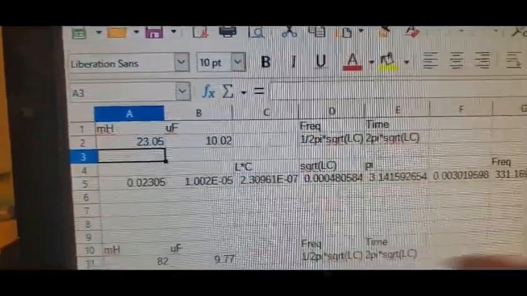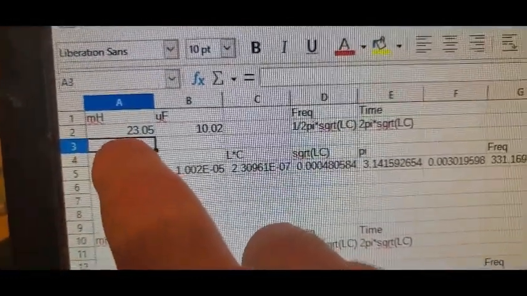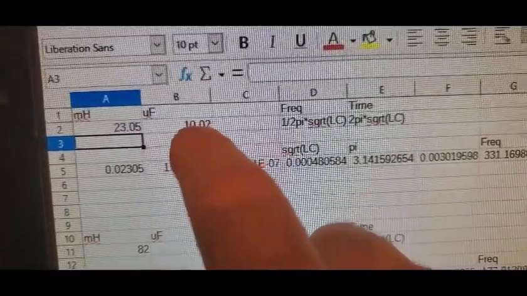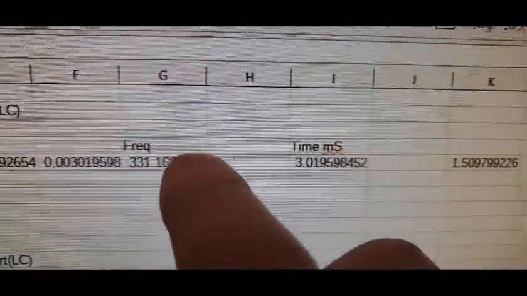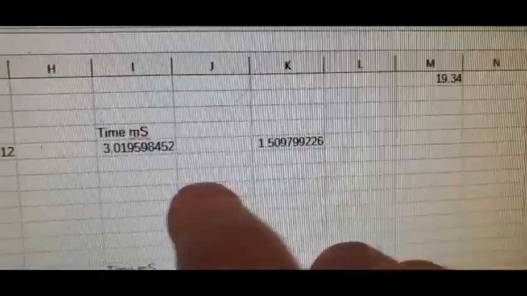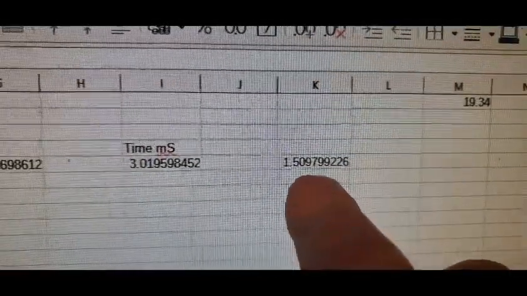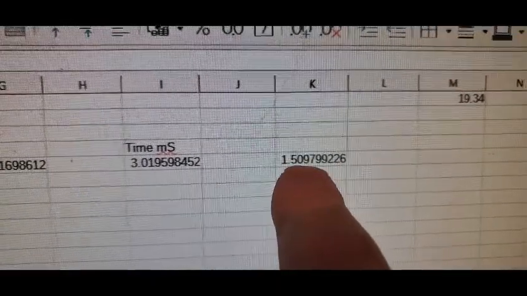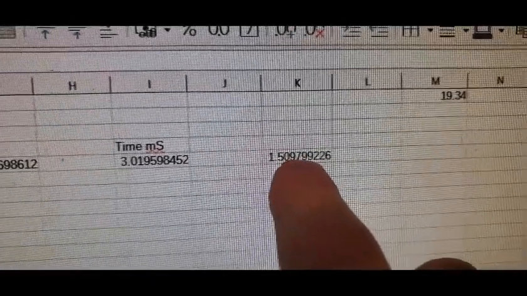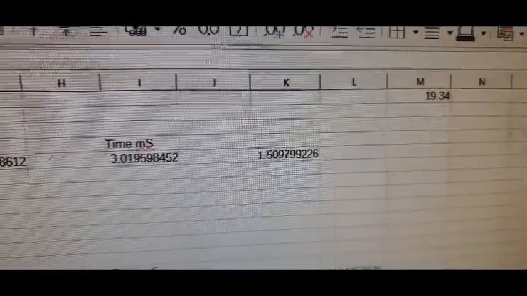I'll go back to the resonant frequency calculator that we'd set up before. We'd measure the millihenries, there's your capacitance, and there's your resonant frequency, not how many times the capacitance. In this setup, it was 1509 microseconds for it to go most negative.